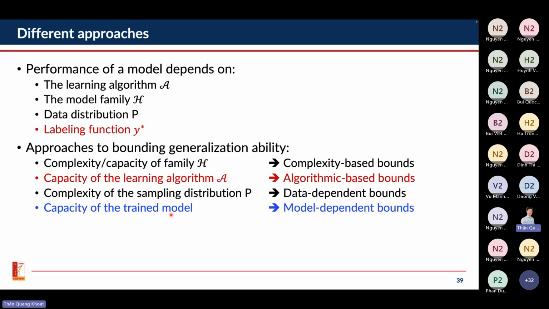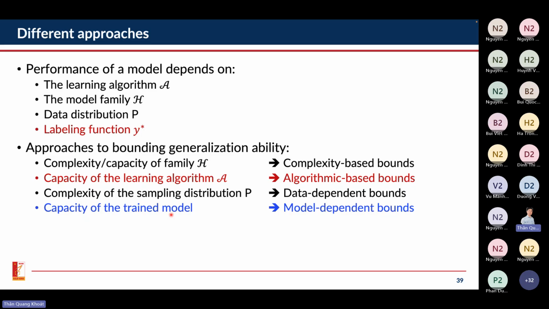For example, like a class of models, you only get one model. Yes, we have only one specific member in the family, right? And we do not know the data distribution. We just have some samples from the training set or some other samples from the validation or test set, for example.